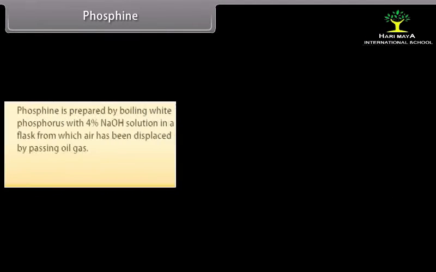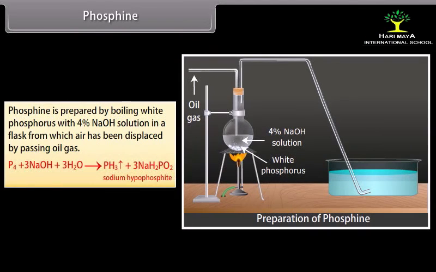Phosphine. Phosphine is prepared by boiling white phosphorus with 4% NaOH solution in a flask from which air has been displaced by passing oil gas. Oil gas is continuously bubbled through the flask in order to displace air. PH3 contains considerable amounts of H2 and little P2H4 and is inflammable in air.